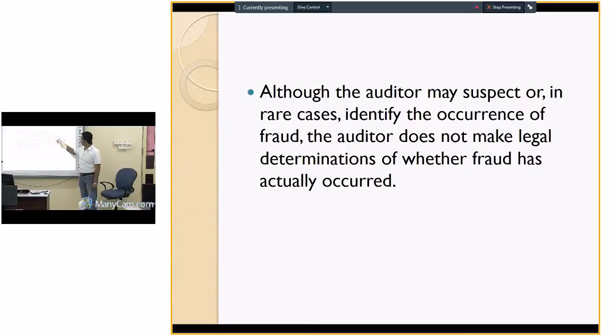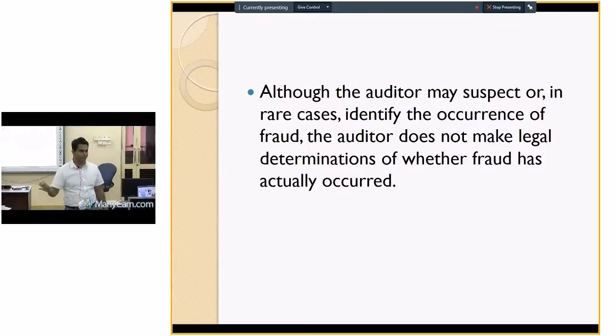If you identify that there is a fraud, the auditor does not make legal determinations of whether fraud has actually occurred. You are not going into the legal aspects. What you are supposed to do is inform the management, quantify the impact and reflect its impact in the financial statements. That is your role, not beyond that.